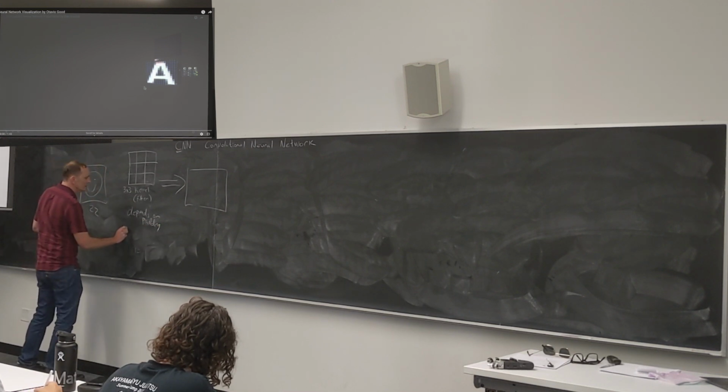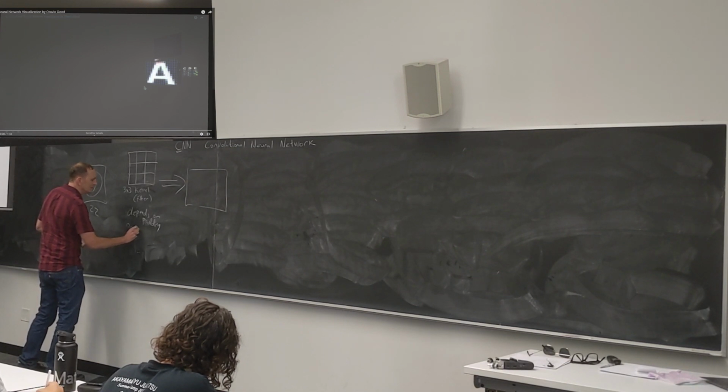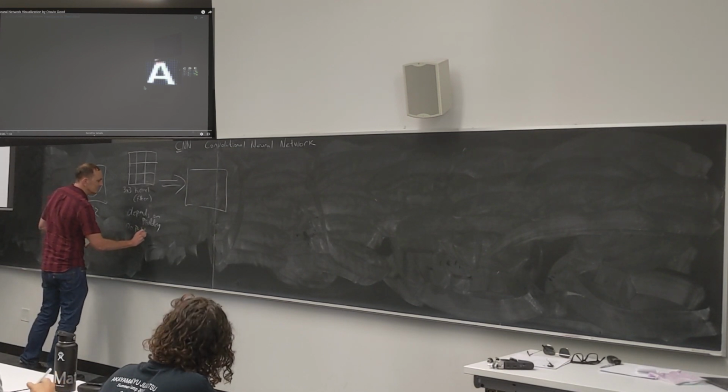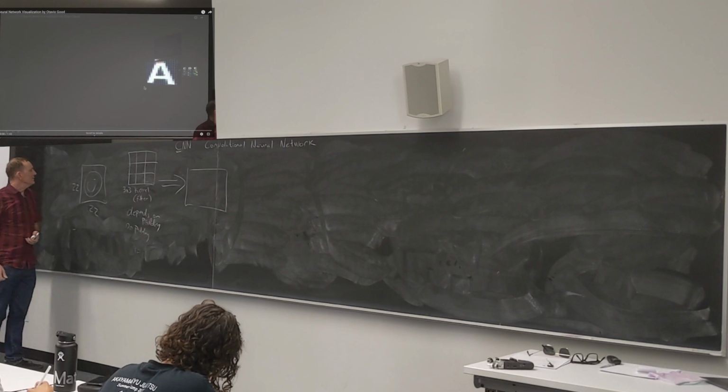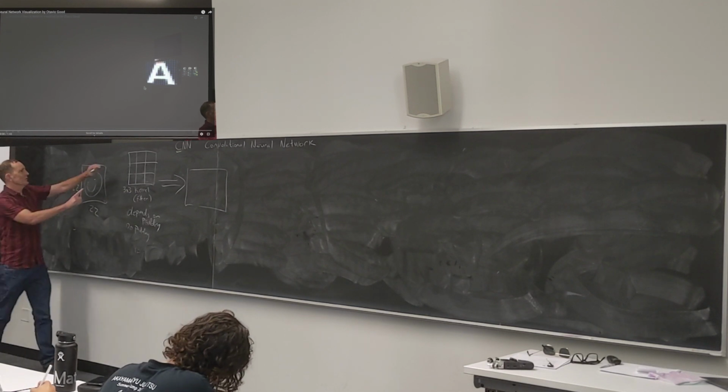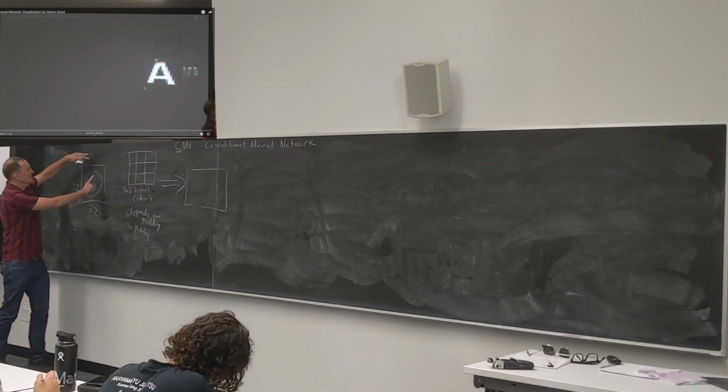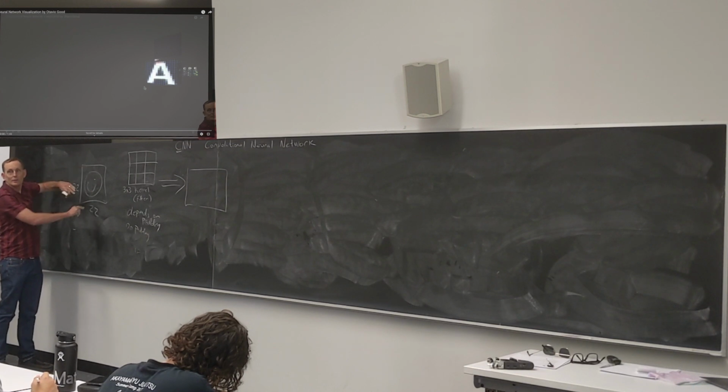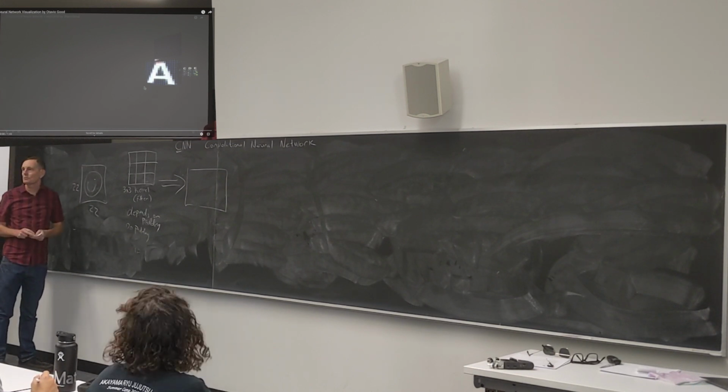So if we do no padding, that means the top left of this kernel has to align with the top left of the image, and so on. So what's going to happen to our 22 by 22?